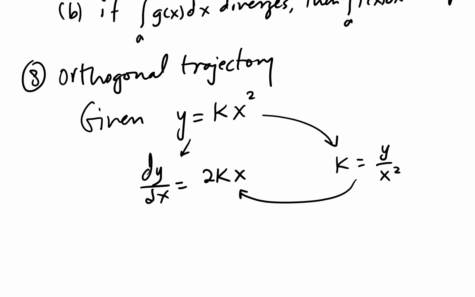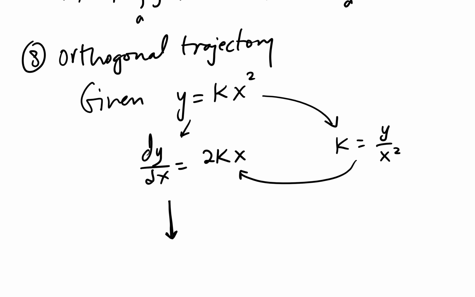And after you find dy dx, orthogonal means perpendicular. So to find the equation for the orthogonal, you take the opposite reciprocal of whatever you get. Then find the opposite reciprocal.